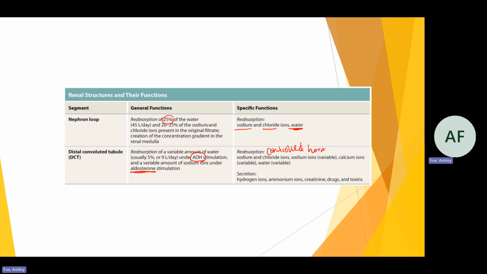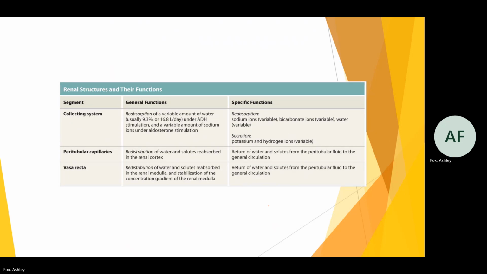So the hormone control is going to be in this area, also the collecting duct. Secretion: hydrogen ions, ammonium ions, creatinine, drugs, and toxins. Again, the collecting system, or the collecting duct, also has a variable amount of water reabsorbed because of hormones. It's the same thing that we saw in the distal convoluted tubule, the variability of sodium ions and water based on ADH and aldosterone.